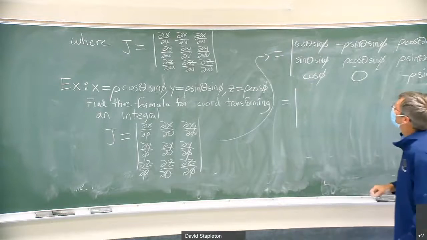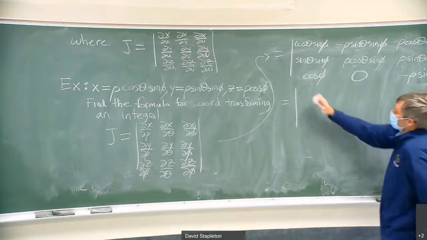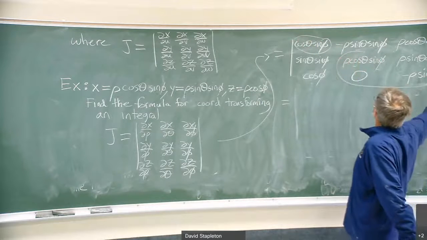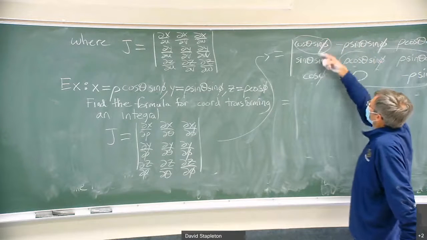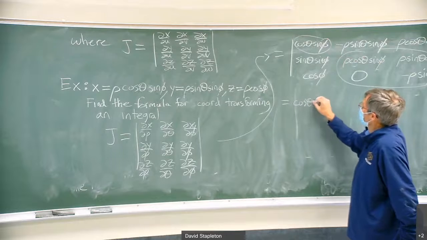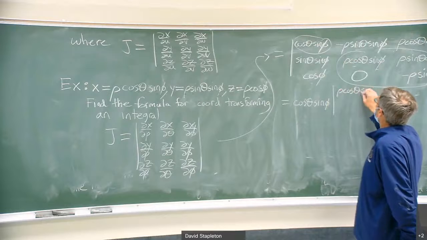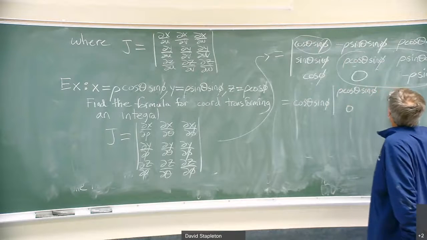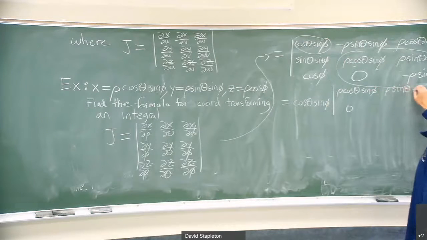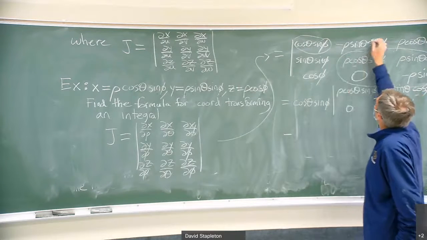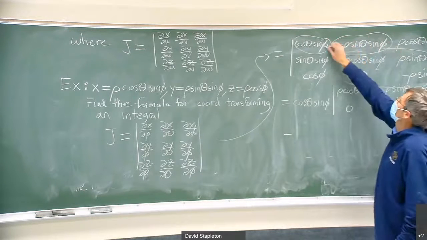And if you expand on the first row in the usual fashion, remember how to do these determinants? You take this one times the determinant of the submatrix gotten by wiping out the row and column that it's in. So it's cosine theta sine phi times this determinant, rho cosine theta sine phi, 0, rho sine theta cosine phi, minus rho sine phi. Then you take minus this element times the subdeterminant got by wiping out its row and column.